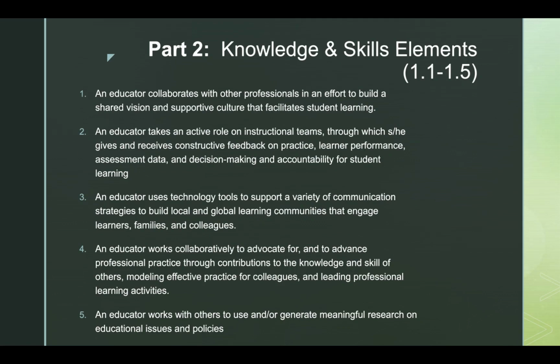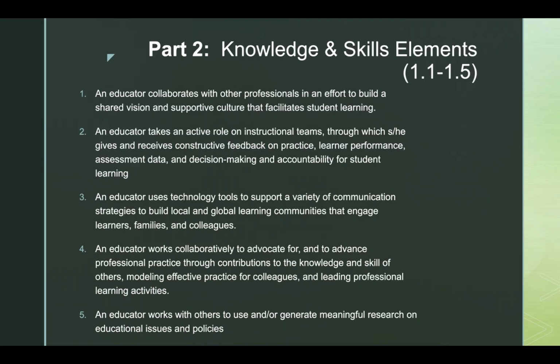Part 2 is your knowledge and skills elements, and it breaks down into more detail what you have just read in the explanation statement. So the first one says, an educator collaborates with other professionals in an effort to build a shared vision and supportive culture that facilitates student learning.